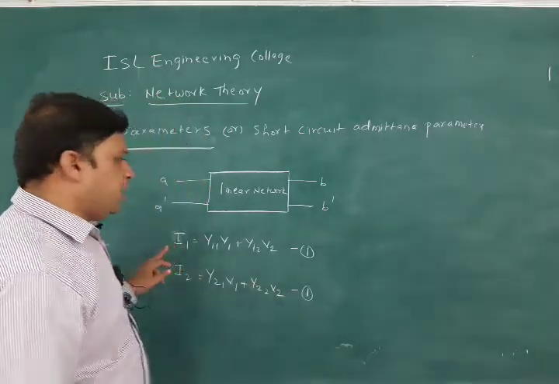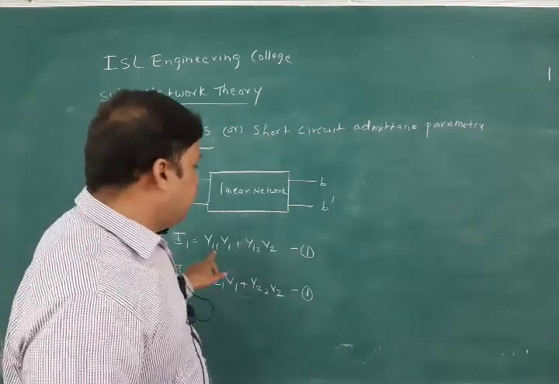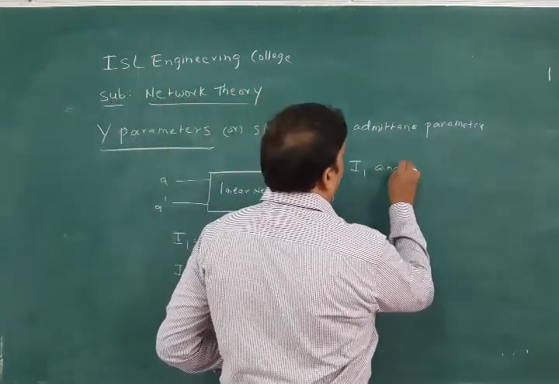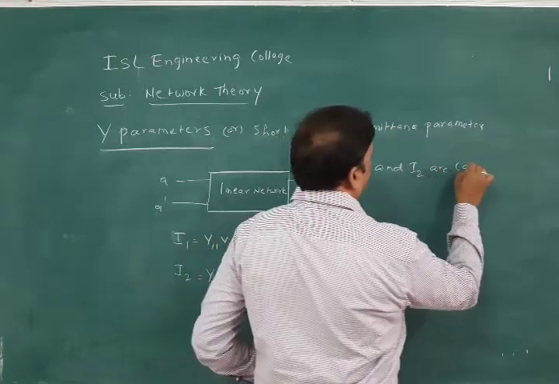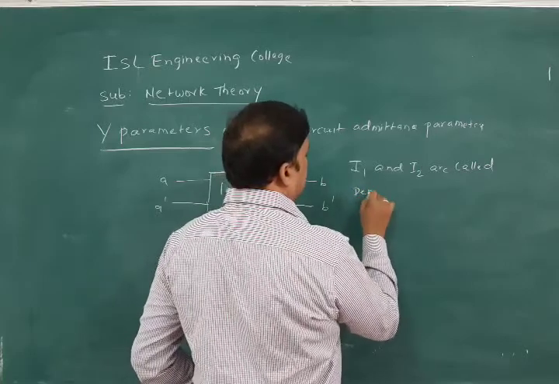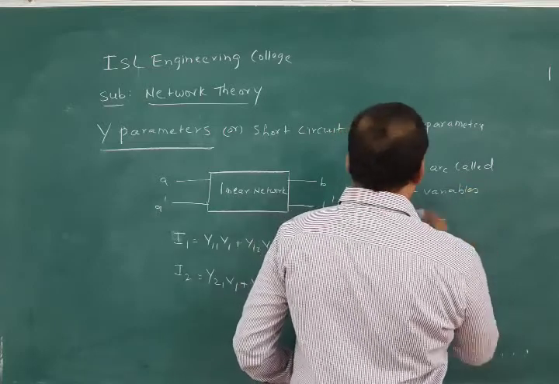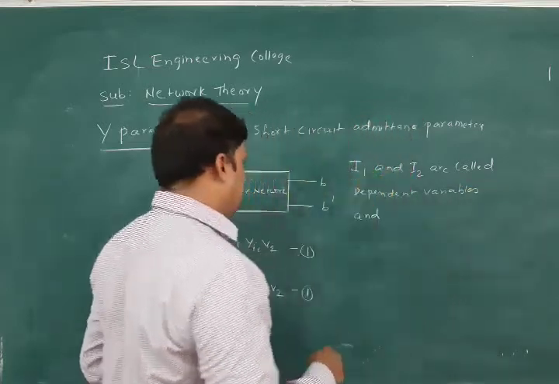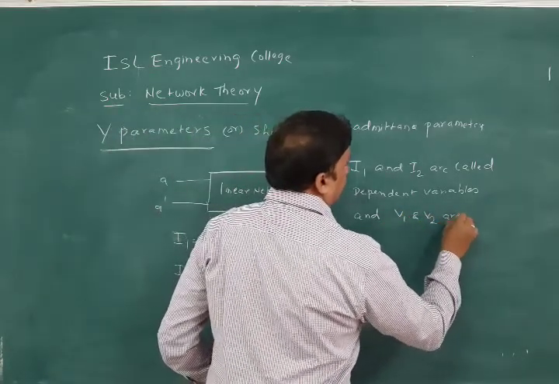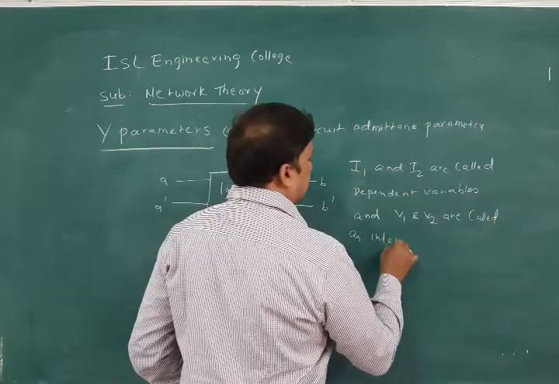So we understand that I1 and I2 are called the dependent variables, and V1 and V2 are called the independent variables.